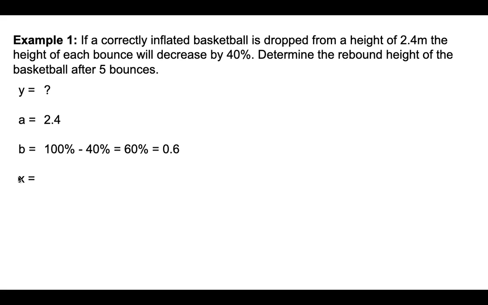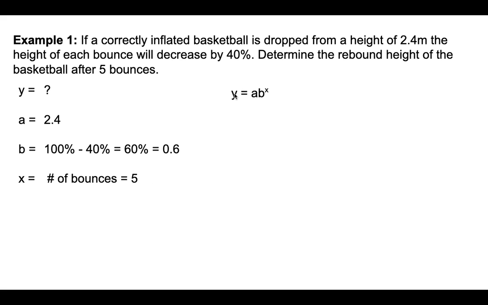And then x is how many times are we going to apply this decay rate? Well, it tells us after 5 bounces. So in this case, x is the number of bounces, which is 5. So we have all our numbers. We're going to put them into our exponential equation.